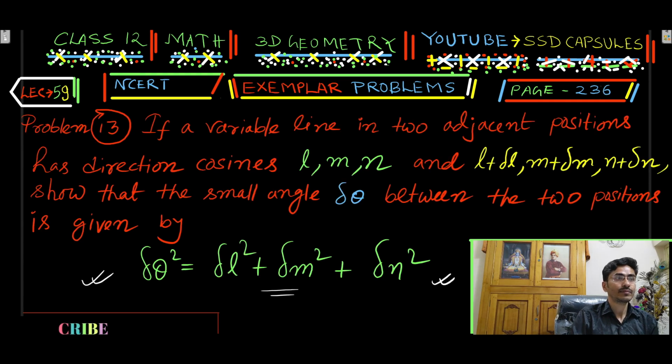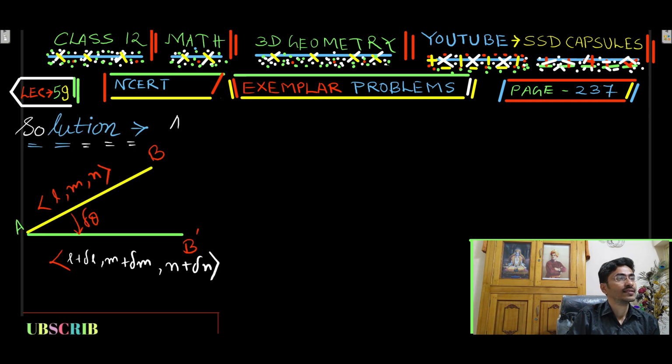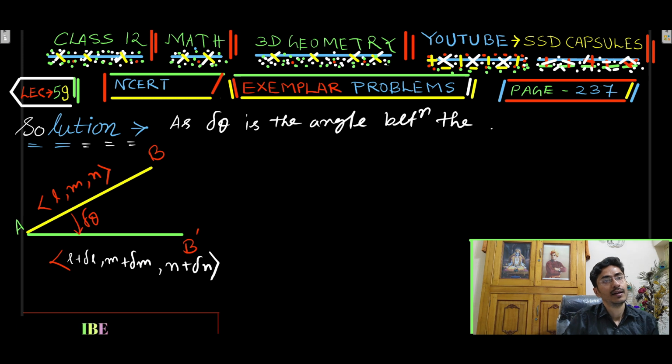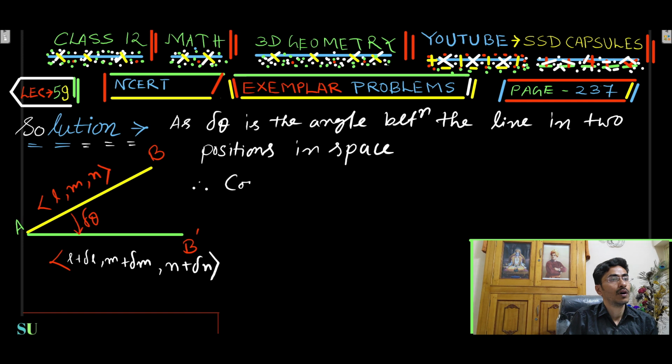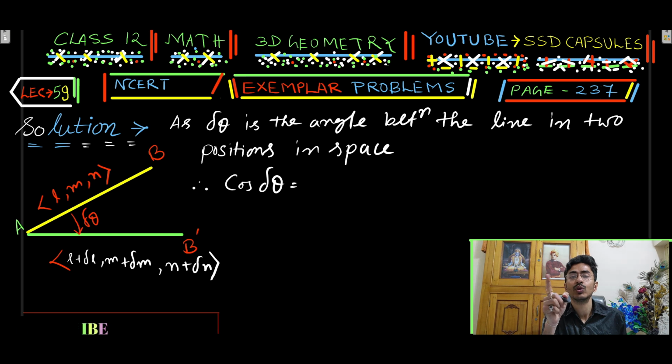So here, as delta theta is the angle between the line in two positions in space, therefore cos delta theta equals, actually the angle between them, what is the formula? a1 a2 plus b1 b2 plus c1 c2 by root over a1 square plus b1 square plus c1 square into root over a2 square plus b2 square plus c2 square.